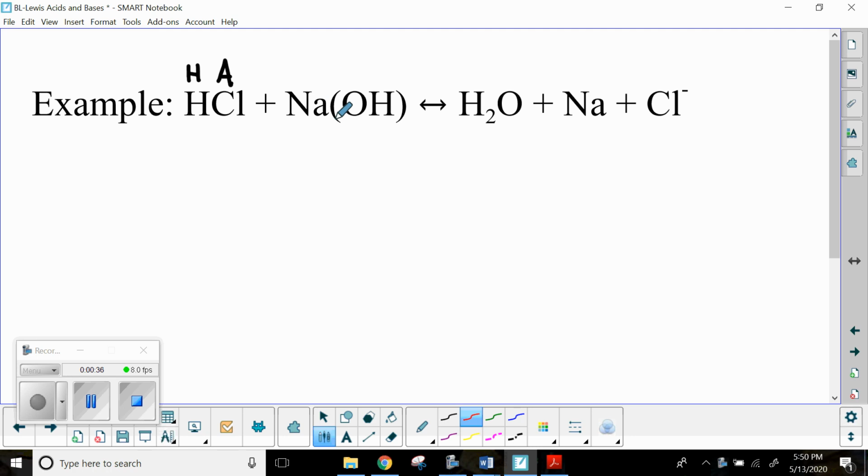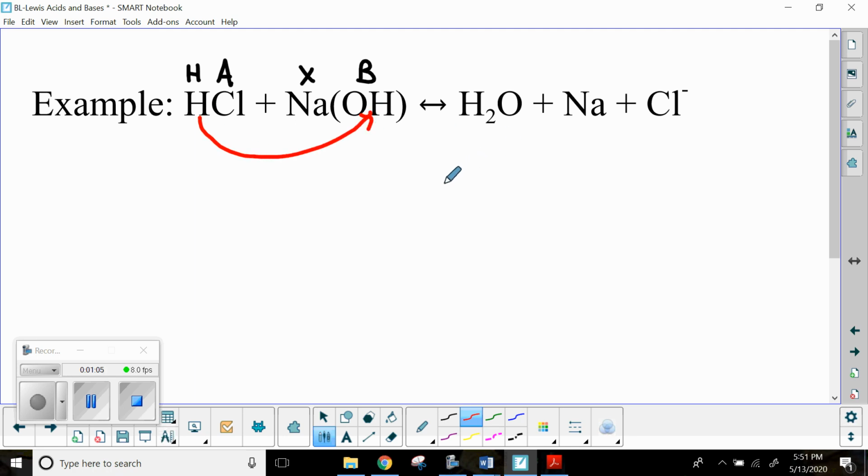I called the spectator ion here sodium X, and then the base here is going to be B. So HCl here is going to be your Bronsted-Lowry acid, because you can clearly see that this hydrogen is going to end up donating itself to OH.